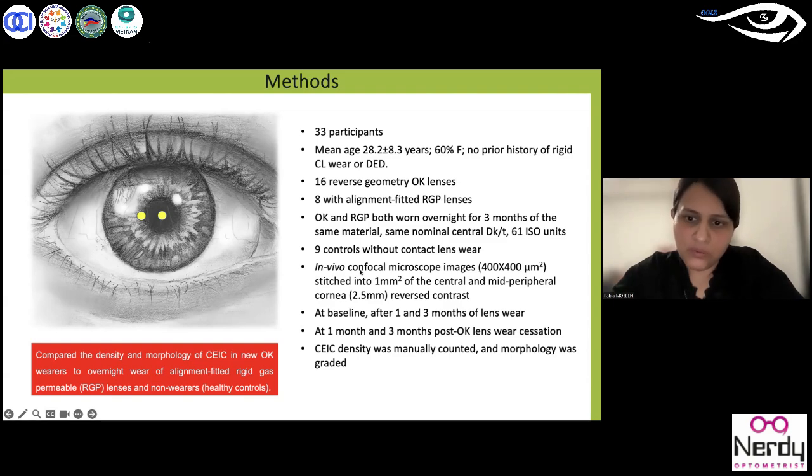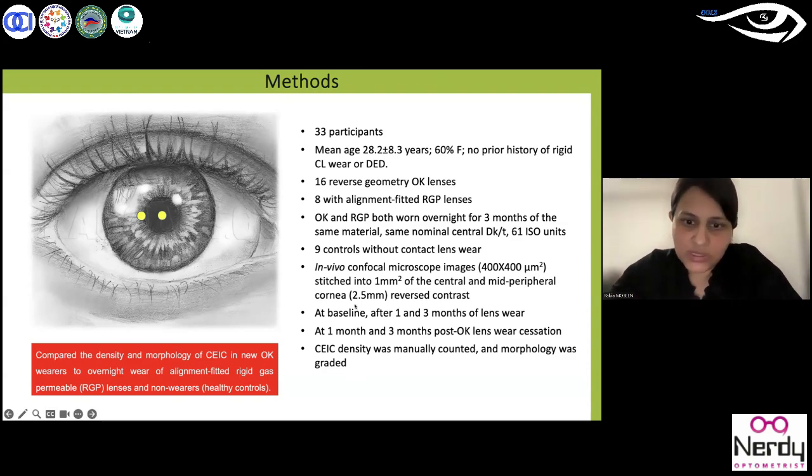We performed in vivo confocal microscopy at the central and mid-peripheral cornea. Why these two regions? Because in the center the orthokeratology lens applies the pressure, and in the mid-periphery the pressure applied by the lens is lower. So we picked two regions of interest. We performed confocal microscopy at baseline when the people were not wearing contact lenses, and then after one month and 3 months of lens wear in RGP, orthokeratology, and controls.